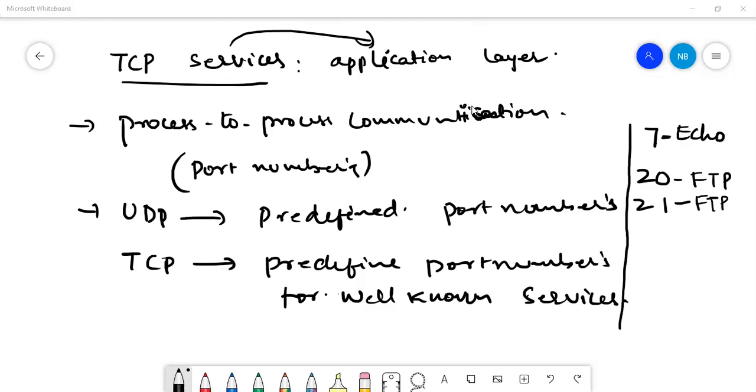Whereas 20 is used only for sending the data using a protocol called File Transfer Protocol.